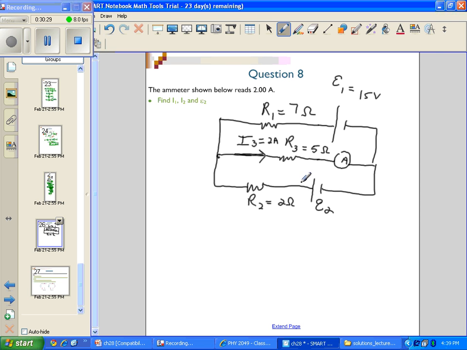The only thing we have here is the direction of I3. I have not drawn out the directions of I1 or I2, even though on your original paper you have that. Let's go ahead and just randomly choose these directions as we apply the junction rule. The first thing is that we want to decide the junction point.